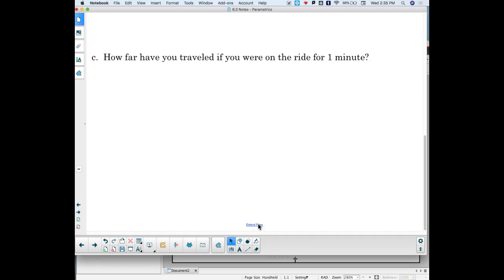How many complete laps have we done in 1 minute? 5. Because it takes us 12 seconds to go around one time. So we've made 5 revolutions in 1 minute.